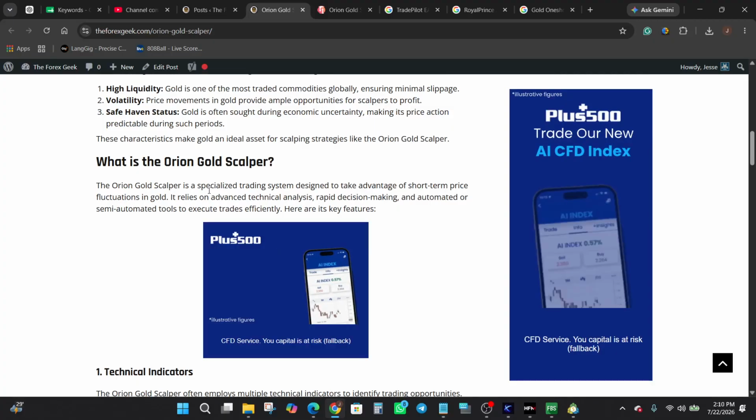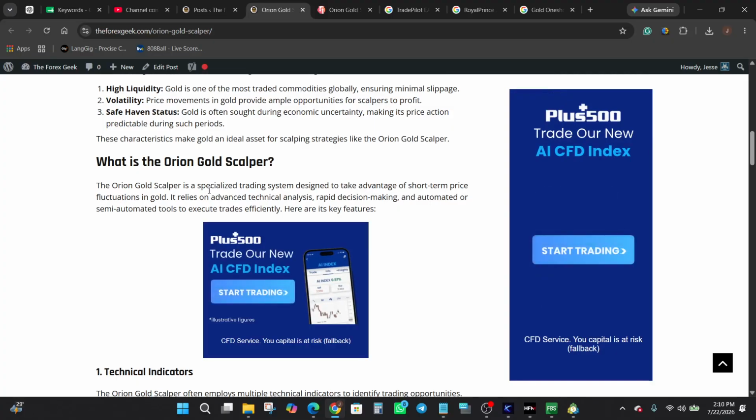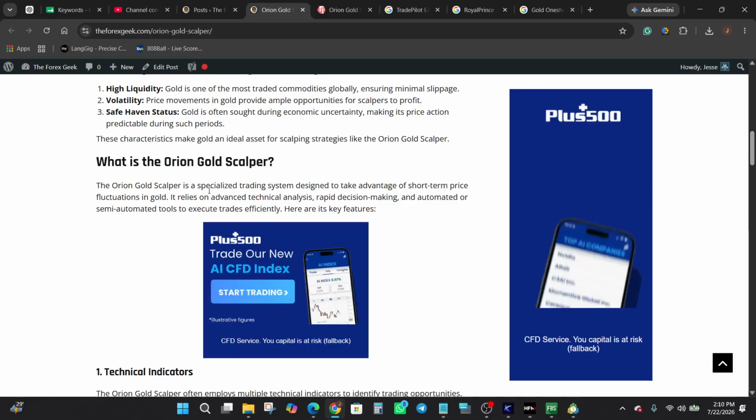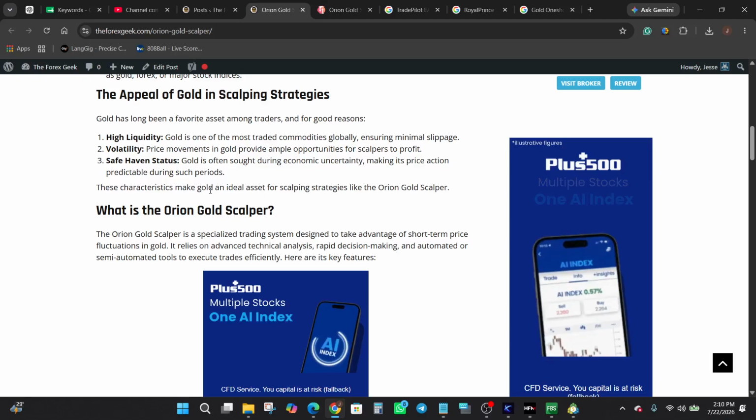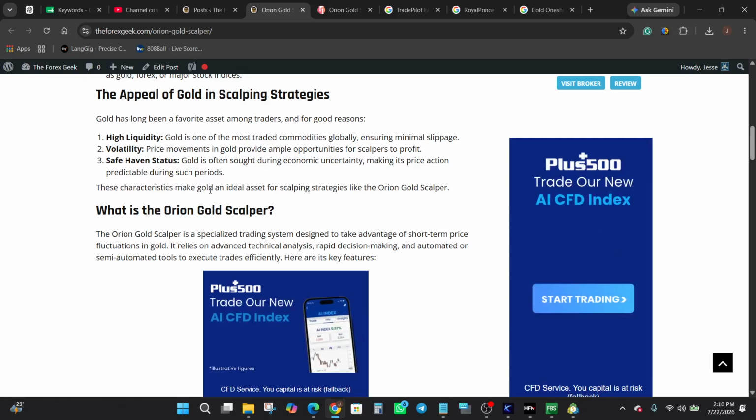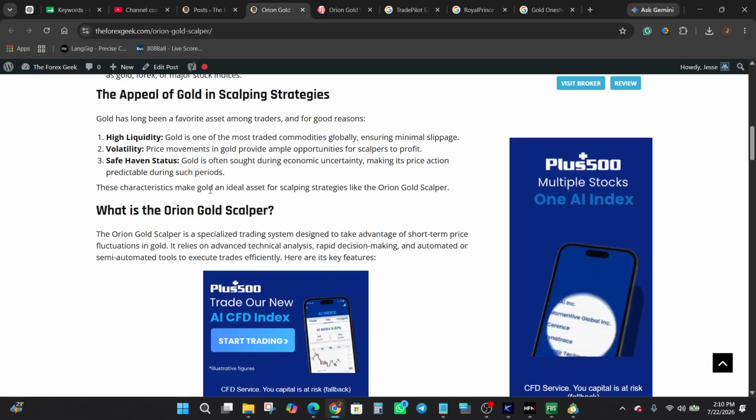The Orion Gold Scalper is a trading system that is designed to take advantage of short-term price fluctuations in gold. Okay, and it relies on advanced technical analysis, rapid decision making, and automated or semi-automated tools to execute trades.